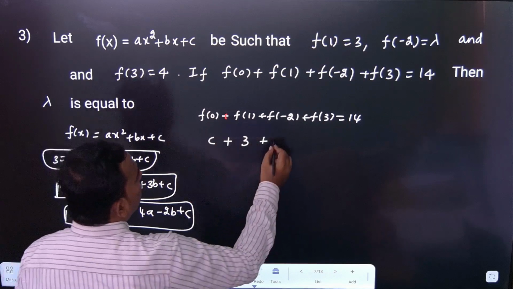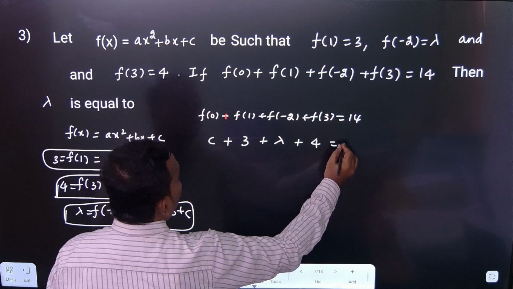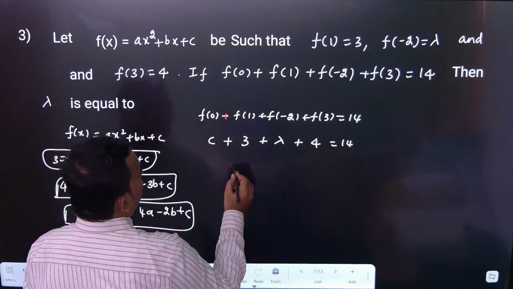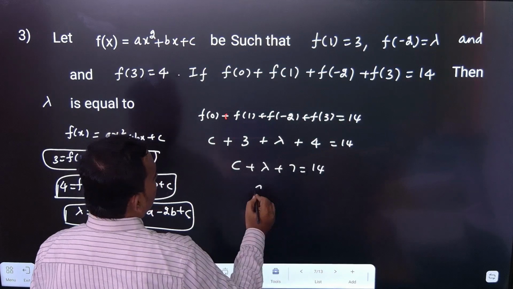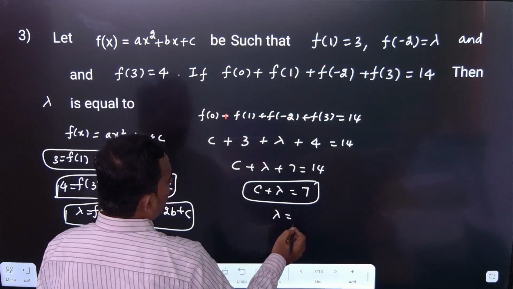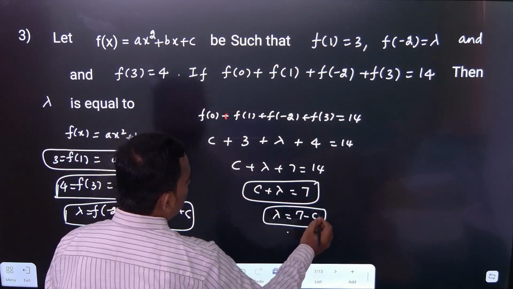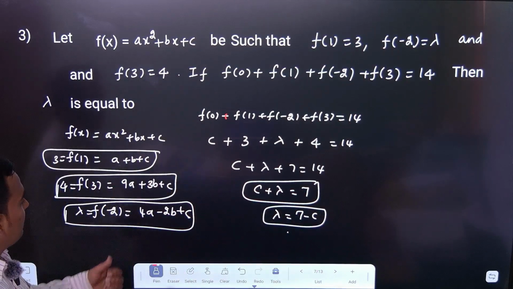F of minus 2 is given to you as lambda. Plus f of 3 is 4, right? Is equal to 14. So therefore, c plus lambda plus 7 is equal to 14. C plus lambda is equal to 7. So we need to find lambda: 7 minus c. Clear? So therefore, lambda completely depends on c.